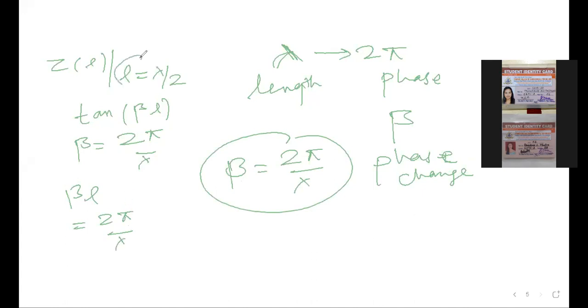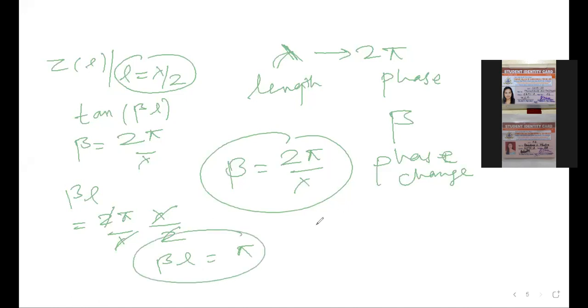When I say L equals lambda by 2, the lambda and the 2 cut, so my beta L is pi. That means if the EM wave travels a length equal to lambda by 2, my beta L is pi.